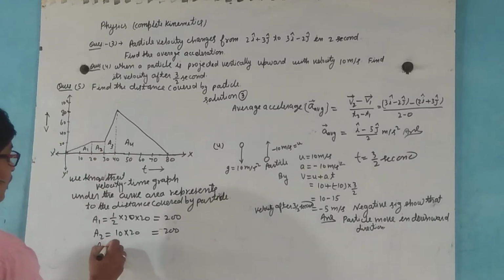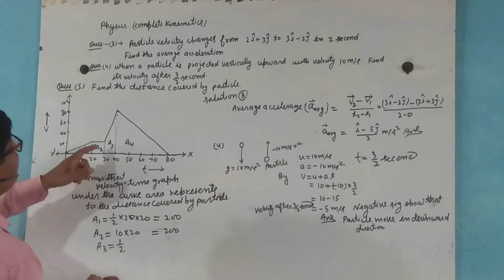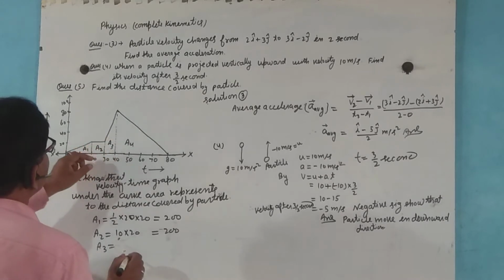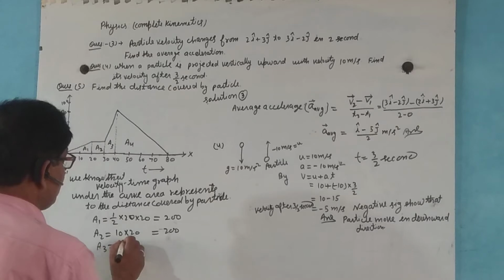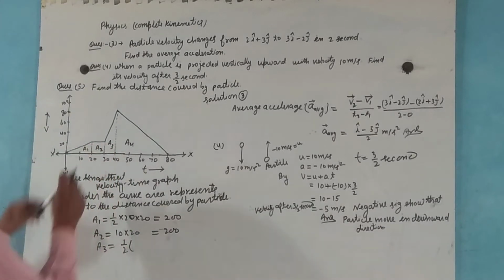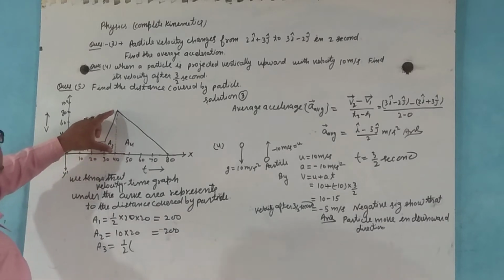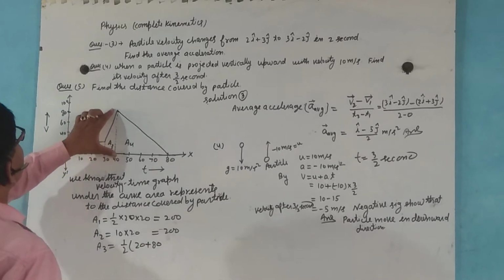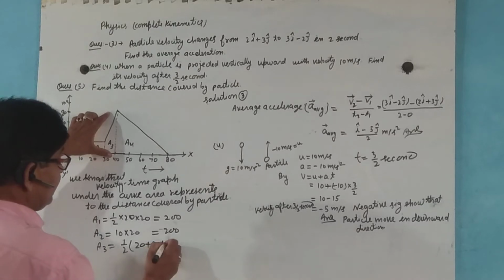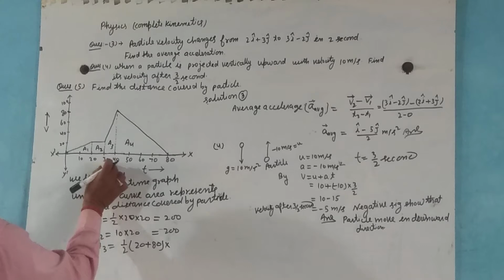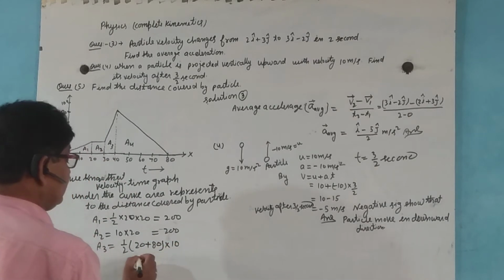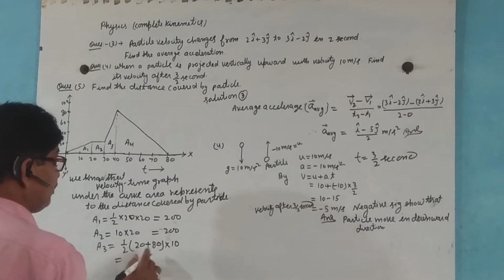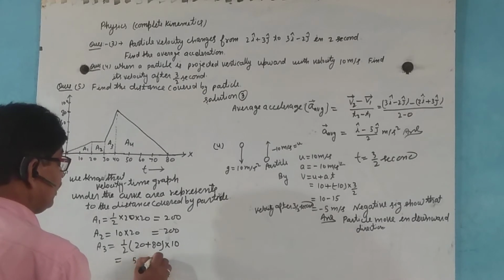A3 is equal to 1 by 2 into the sum of parallel sides, 20 plus 80, into the distance between them, 40 minus 30 is 10, so this is 1 by 2 into 100 into 10, which is 500 meter.